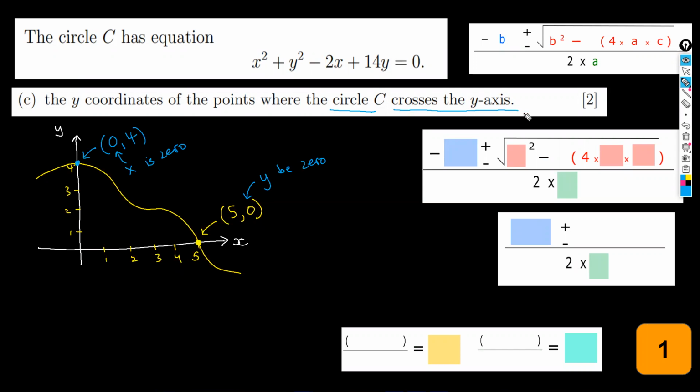If I tell you a graph cuts the y-axis, what are we pretending to be 0? The x or the y? When something cuts the y-axis, we have to pretend x is 0.